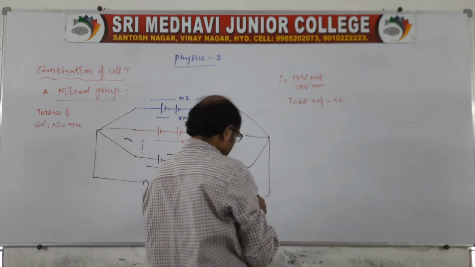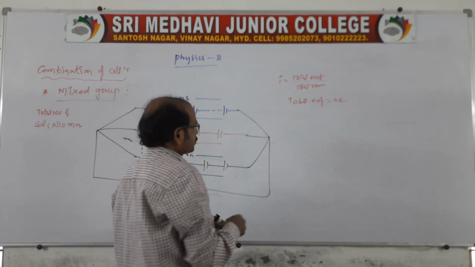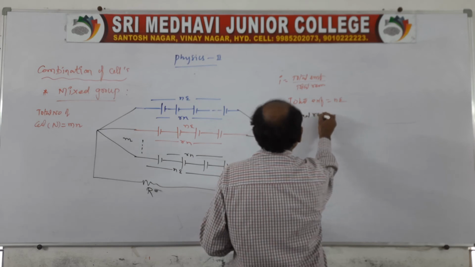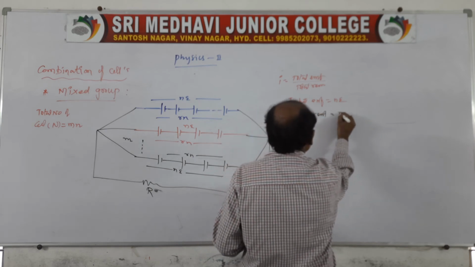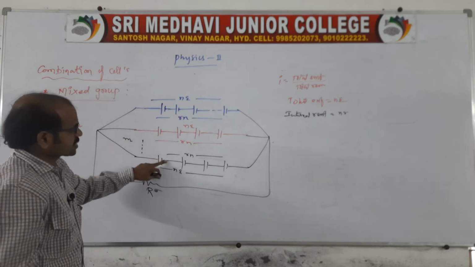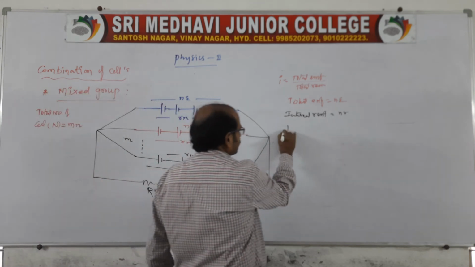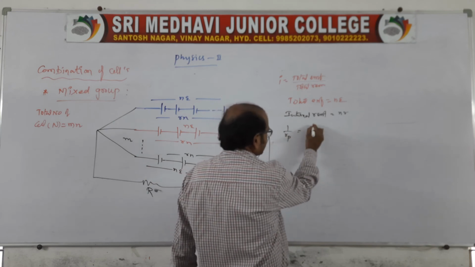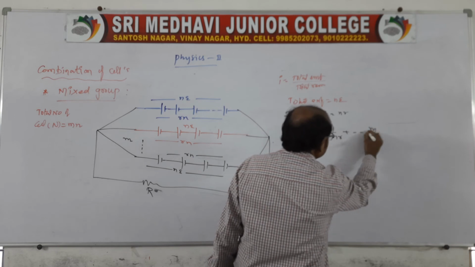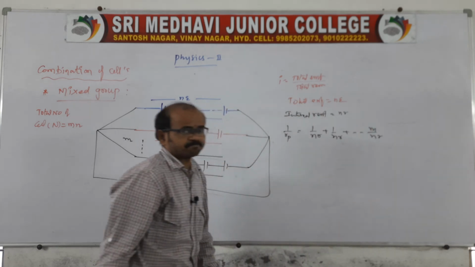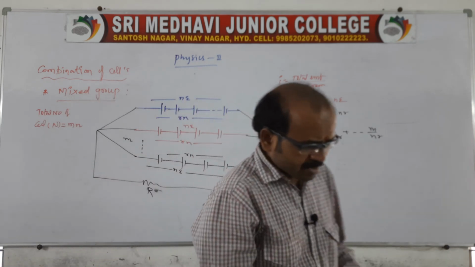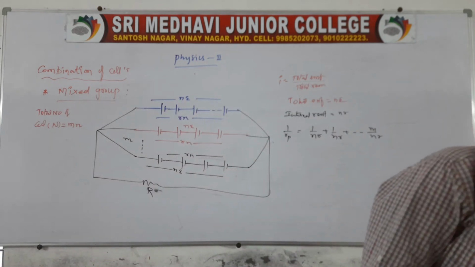Sir, what will be the internal resistance? Within each set, the cells are in series, so each set has internal resistance nr. These sets are connected in parallel, so the effective resistance is nr, nr, up to m groups in parallel.